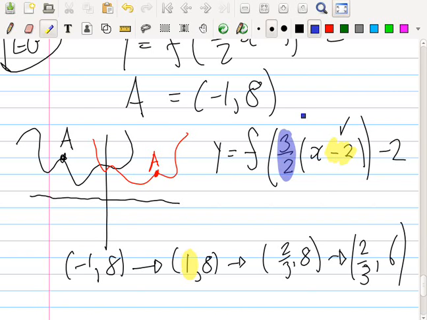It compresses, so then you have to divide by 3 over 2. 1 divided by 3 over 2, if you type that on your calculator, you get 2 over 3. And finally, what does the minus 2 at the end do? It lowers the y by 2 units. So it drops it, and the 8 becomes 6.